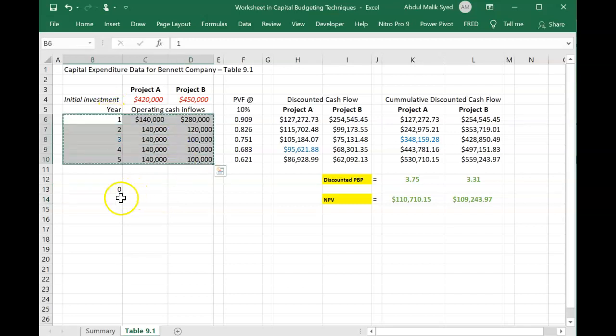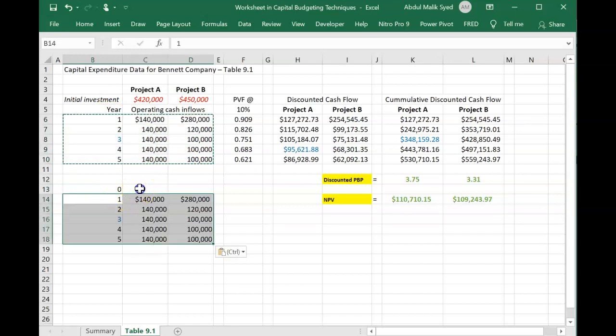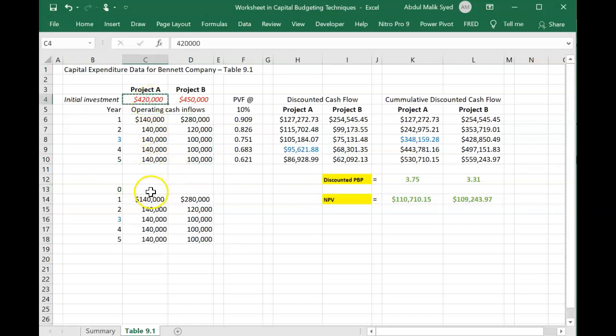Okay, so if I copy it here and then bring my 420, 450, right? And these are negative cash flows.